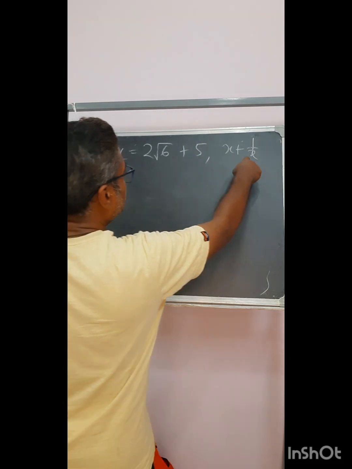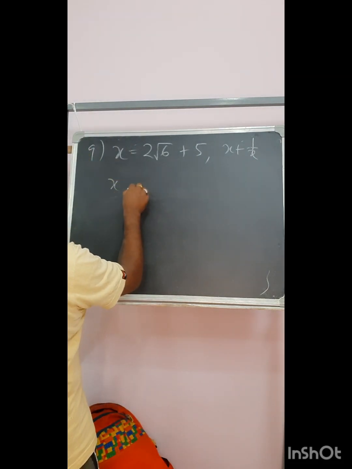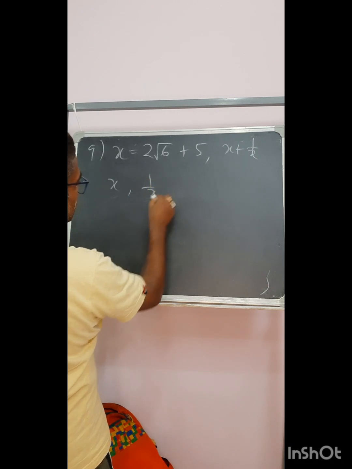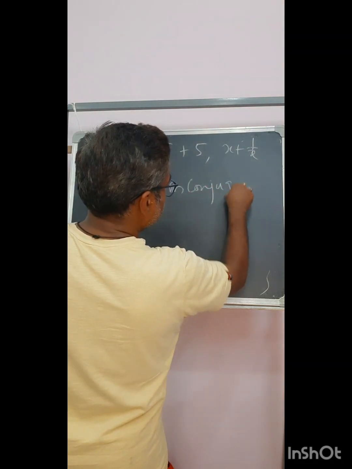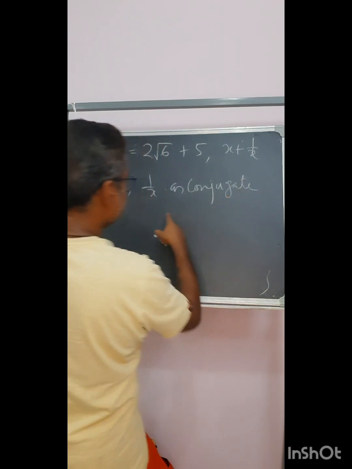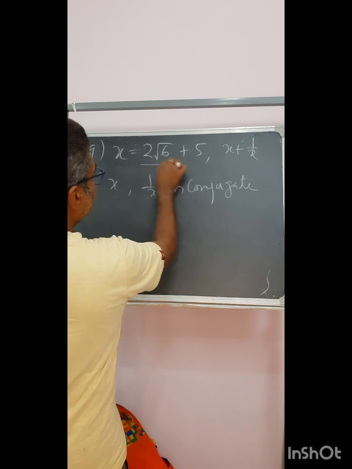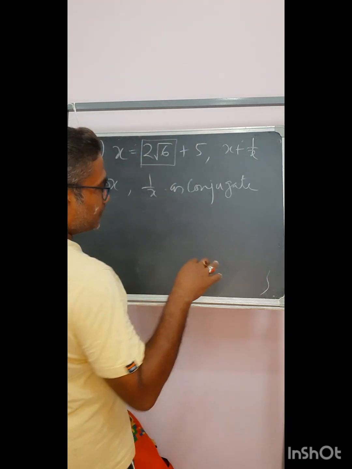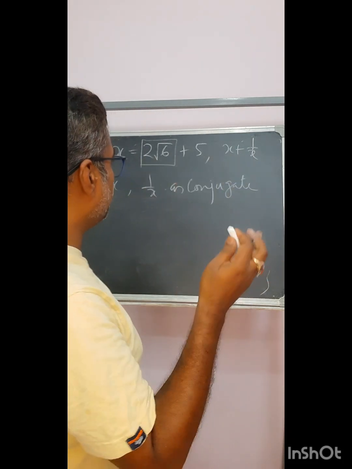So for surds, x and 1 by x are related as conjugate numbers. But to decide the conjugate number, you have to see the terms, which one is higher, you have to just keep it in mind.